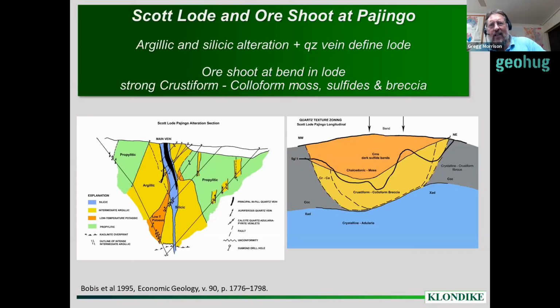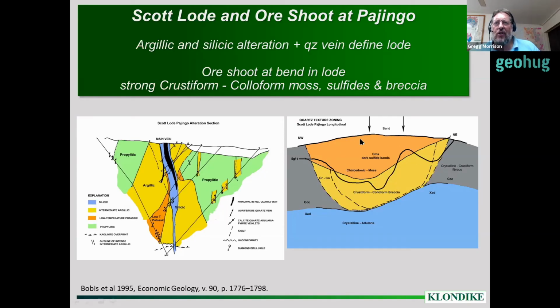And the distinctive thing is that the textures change dramatically going into that structure. So the grey on either side here is crystalline quartz with a fibrous and crustiform habit, and it's essentially unmineralized. In the main zone, there's an upper and lower part.